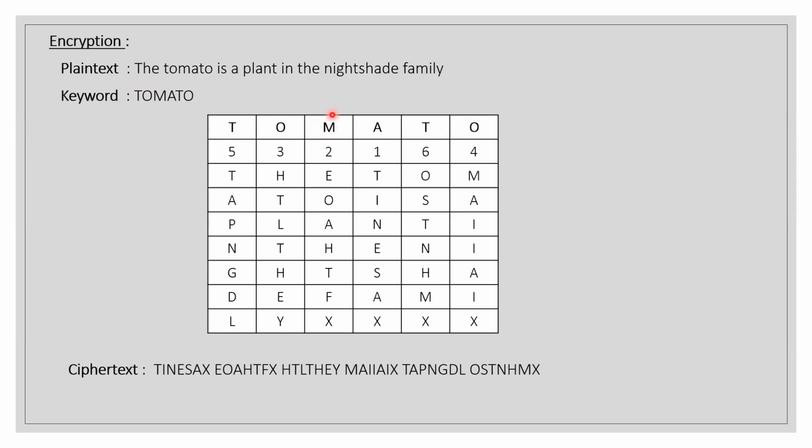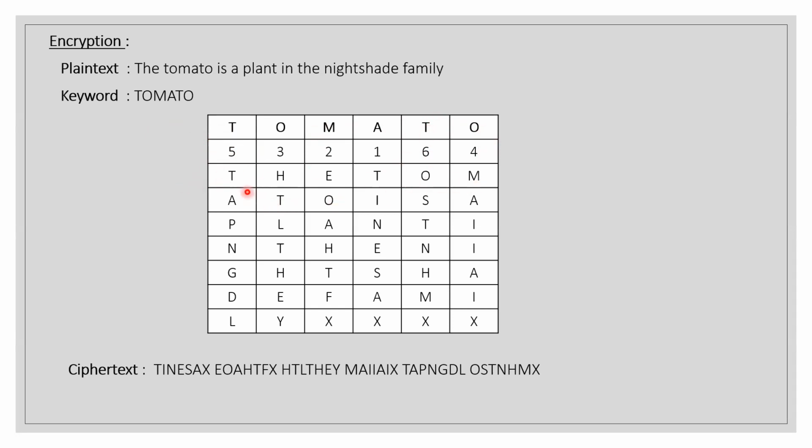So the rule is the letter which appears first in the keyword is assigned the number first. So O appears first, so I'll assign 3 here, and then 4 to this O. Again, T appears twice, so we'll assign 5 to the T which appears first in the keyword, and then 6 to the other T.